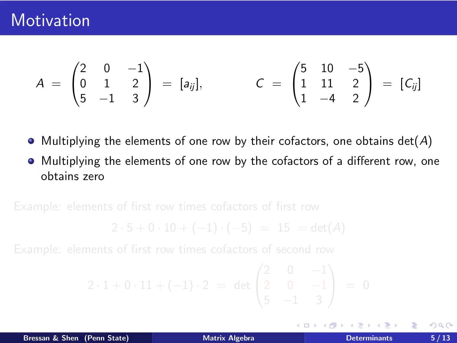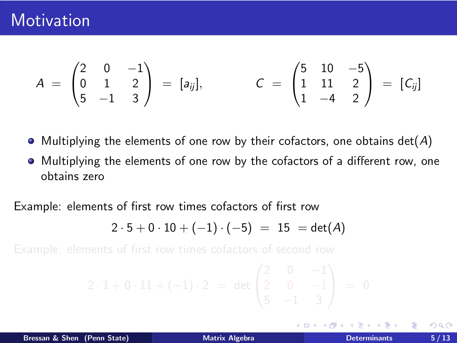And then another fact: if you multiply elements of one row by the cofactors of another row, either this one or this one, you will get 0. Okay, we will do a little proof later. So for this example, we have, let's say, the first row times the first row cofactors.